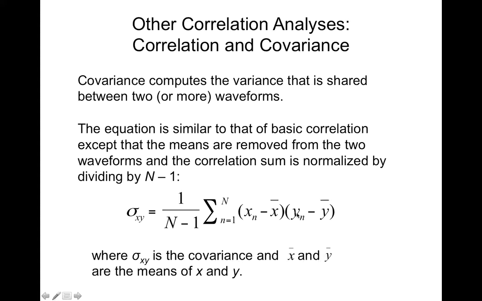You have your y value, and you've subtracted the mean of y. And then you're taking the same sum. And now we're going to normalize that by dividing by n minus 1, 1 less than n. Here sigma xy is the covariance, x bar and y bar are the means, and x and y are the signals.